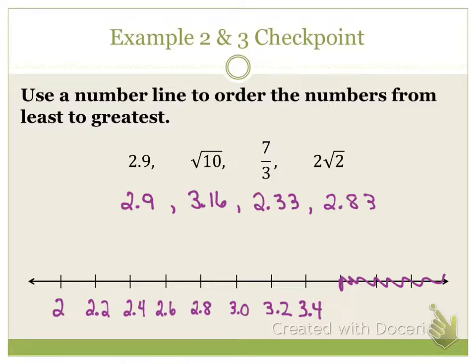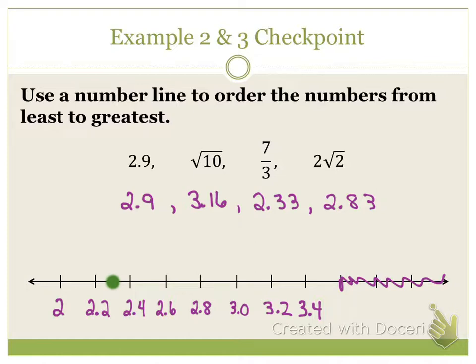Does that make sense? So now I've spread it out to the point where all my points aren't going to be so clustered together. And now I'm just going to graph them. Go ahead and finish plotting your points on the number line, and then order them least to greatest in their original format. All right, so 2.33, I'm going to plot right between 2.2 and 2.4.